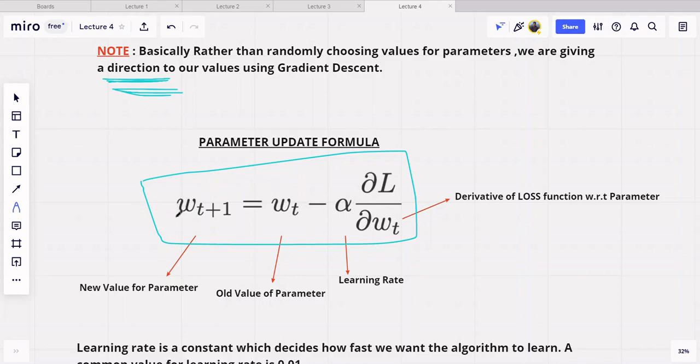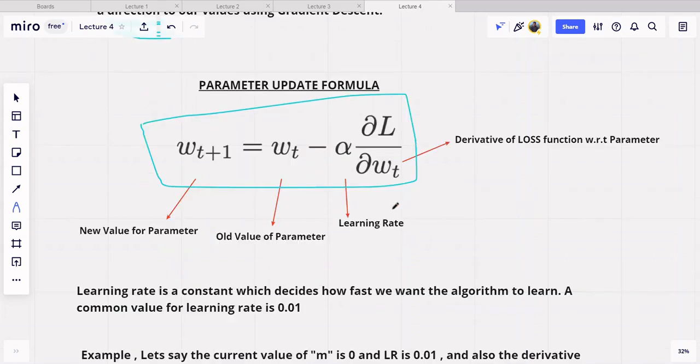New value for the parameter is equal to the old value of the parameter minus the multiplication of learning rate and the derivative of the loss function with respect to the parameter m, okay.